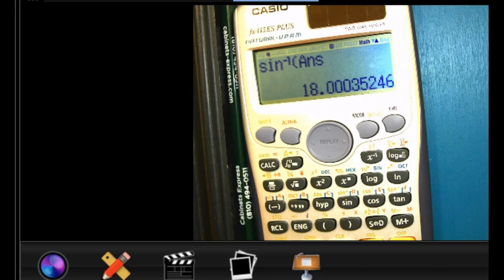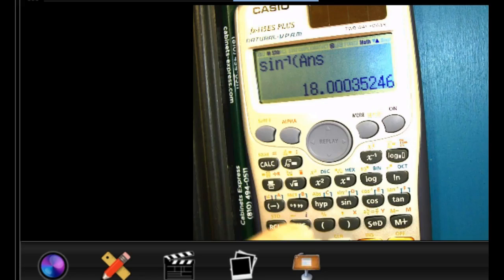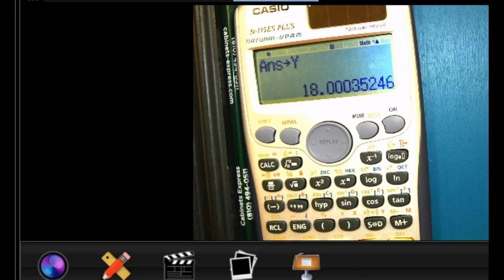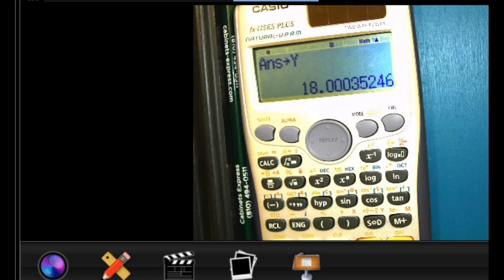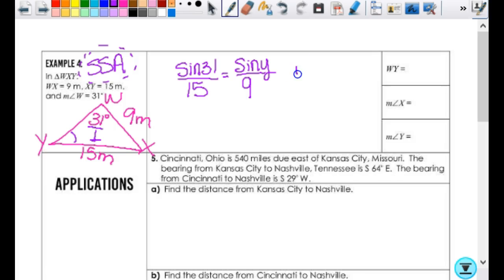And I get this number right here. So I'm going to store that. We called it y. Shift, recall, y. I'm going to store it in y. And then to write down my answer, the measure of angle y is equal to 18.000. Okay.